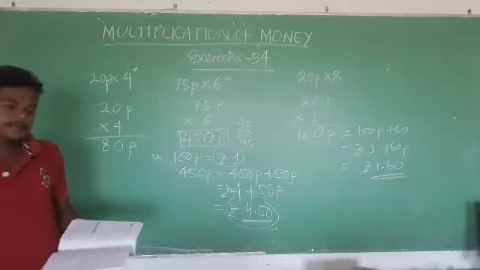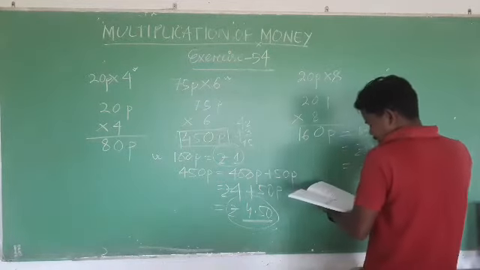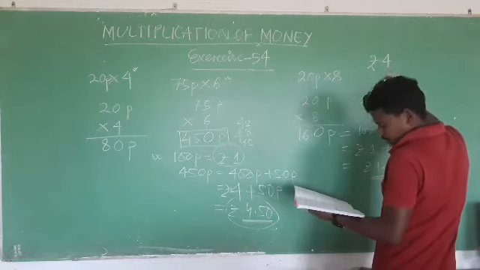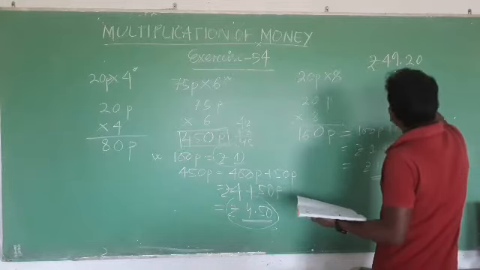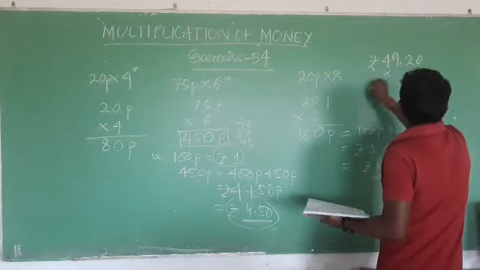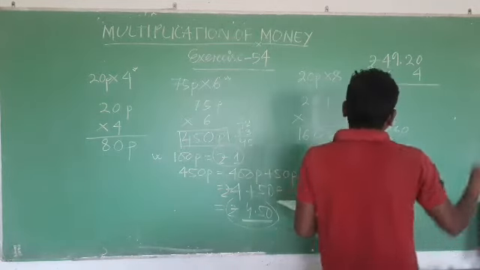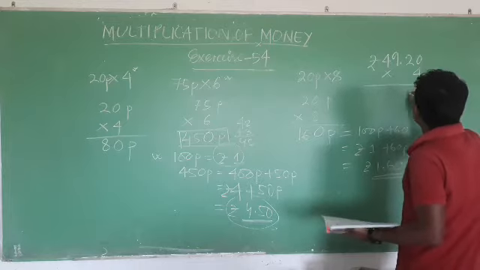In case of larger numbers, suppose it is given in rupees like this. Okay. Question number 2, you can see 49.20 into 4. This is also very easy. Do the multiplication. 4 zeros are 0, 4 twos are 8.